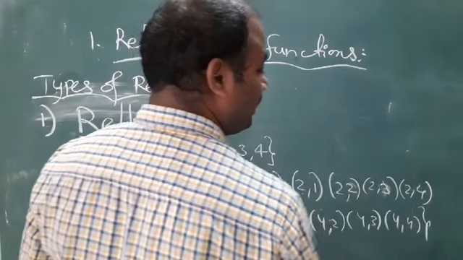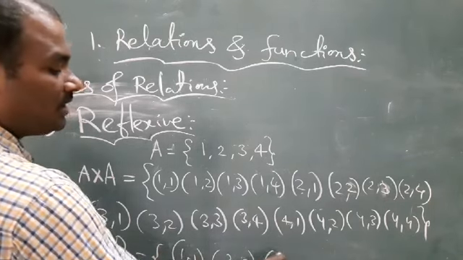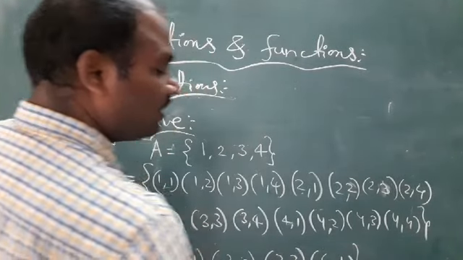This is the Cartesian product. You can take any relation R = {(1,1), (2,2), (3,3), (4,4)}. This is one relation.